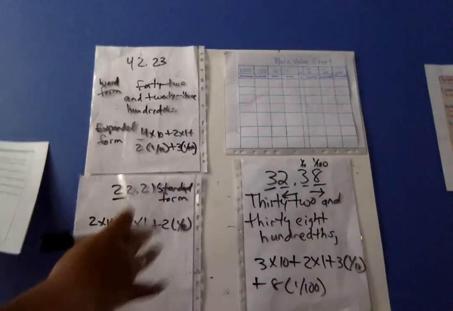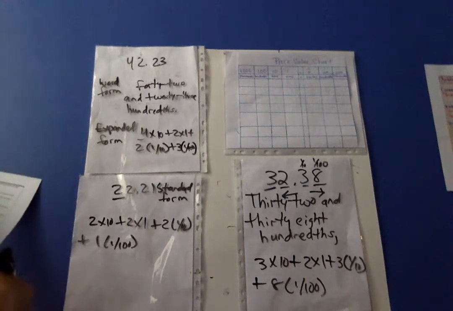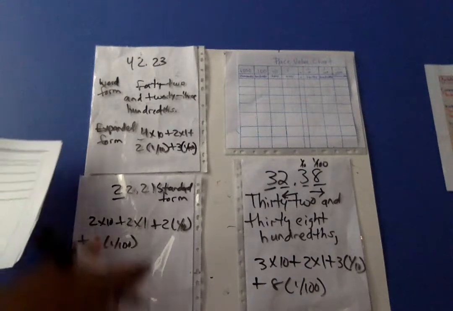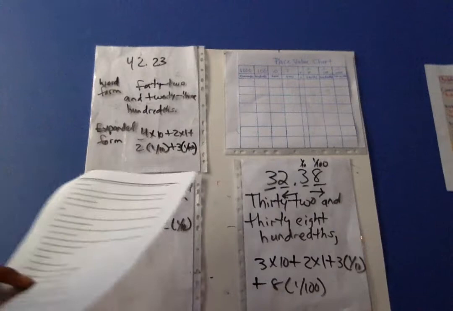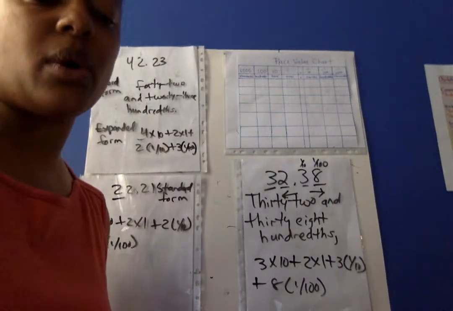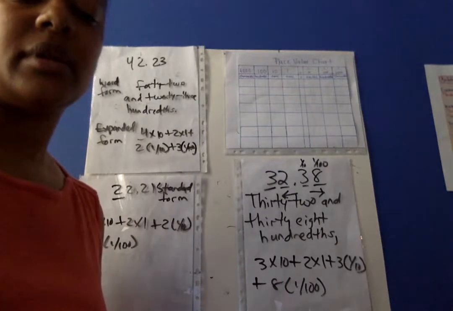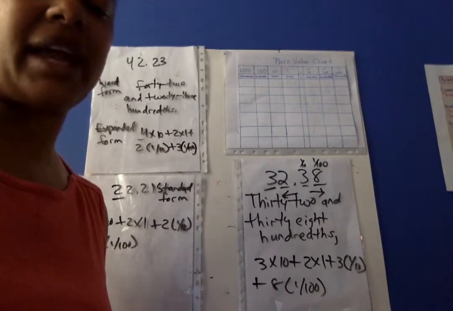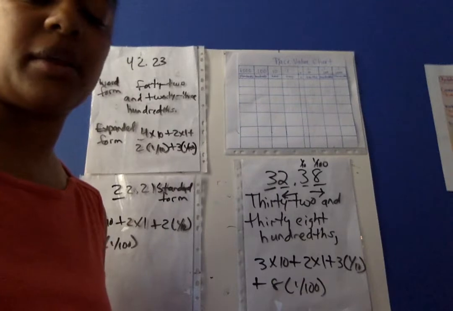Now, this is very good. Now go to the iPad and practice place value and decimal place value. Students will go to the iPad and they will work on those two websites which have games to help them practice their place value.